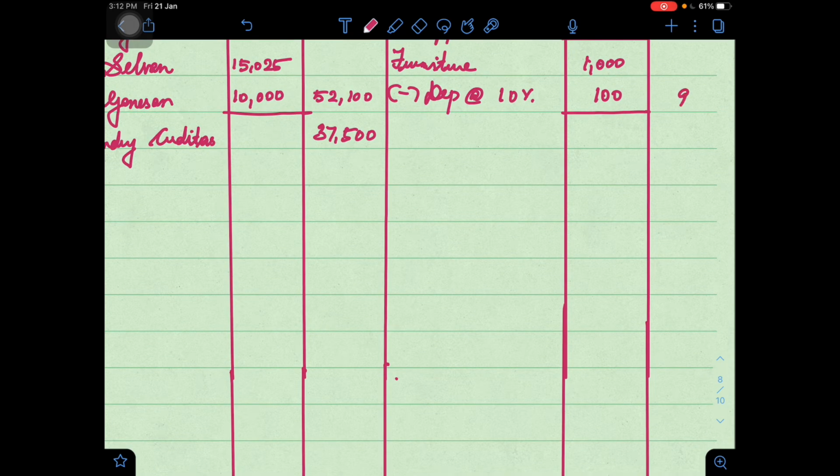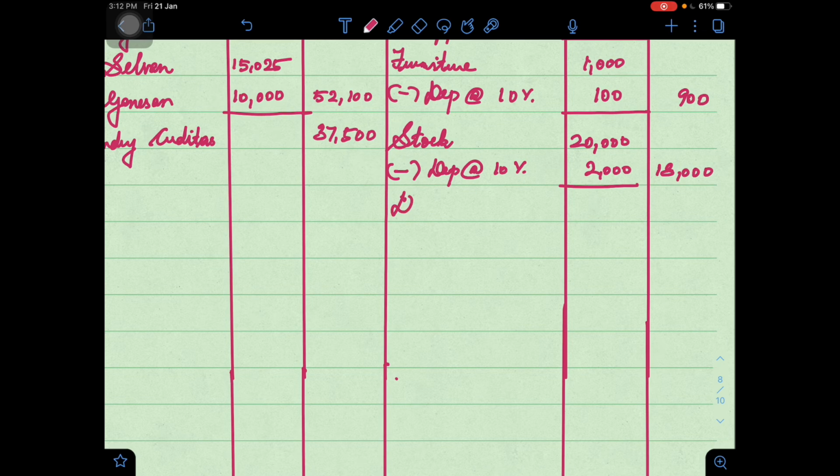So it comes to 900. And then we had stock, that also came down. Stock value was 20,000 minus reduction of stock, another 10%. Now it becomes 18,000.